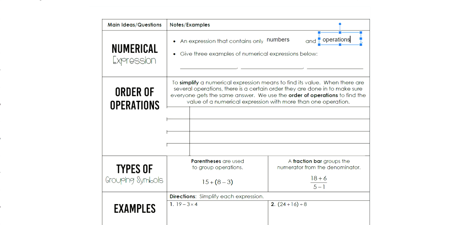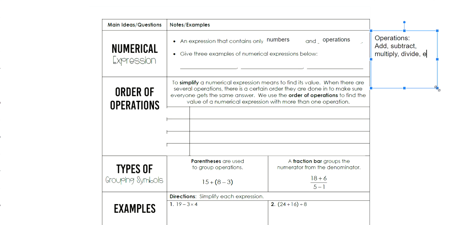Well, operations are just your add, subtract, multiply, divide, it could be exponents, and then it could also be parentheses. Sometimes in videos that aren't mine, they may call the parentheses brackets. So there are different ways that they say parentheses. They can also be brackets, okay?